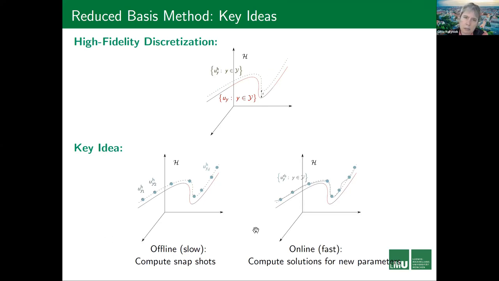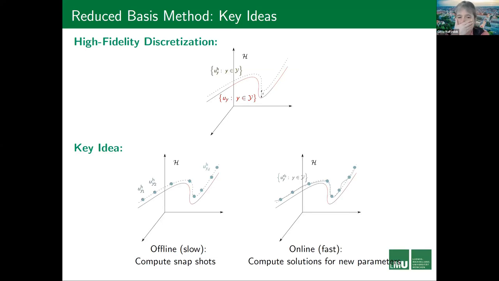The key idea of this reduced basis method is that you take what's called snapshots. For certain parameters, you compute the solution, and then you basically approximate if you have a new y. That's in a way a key idea.